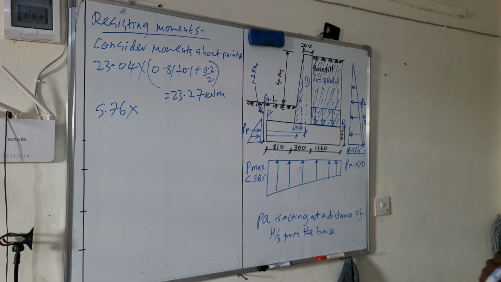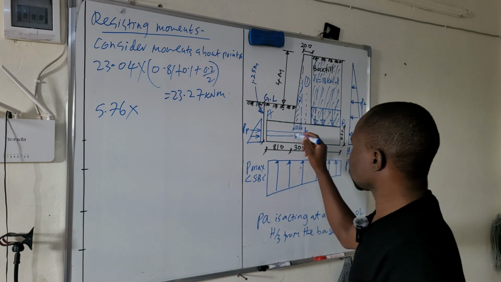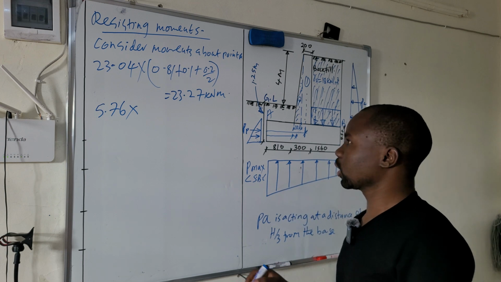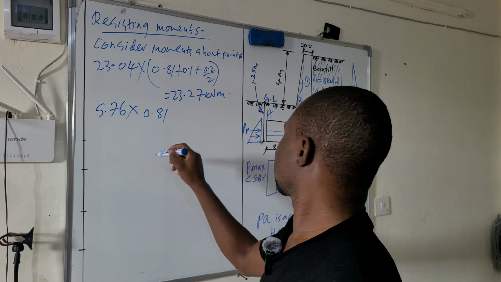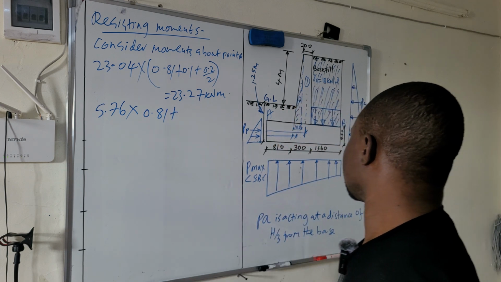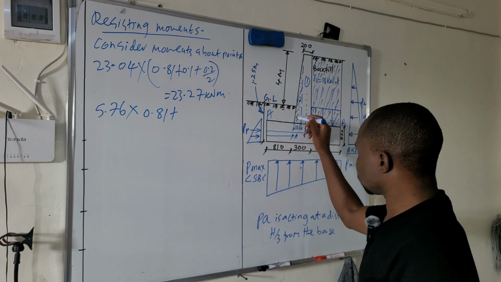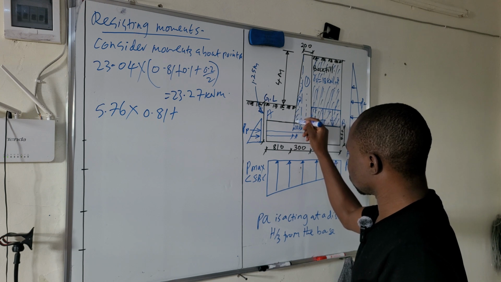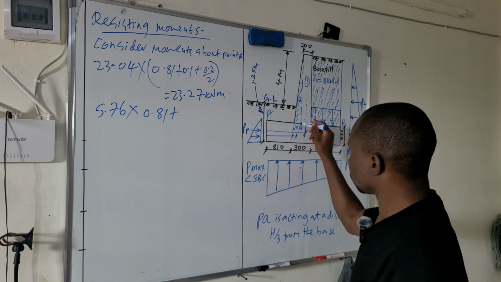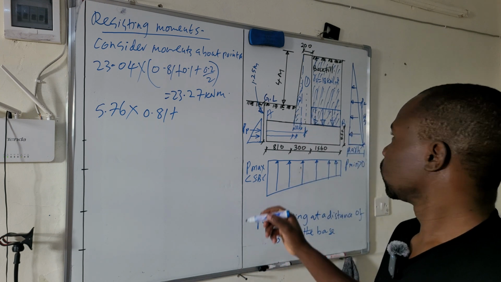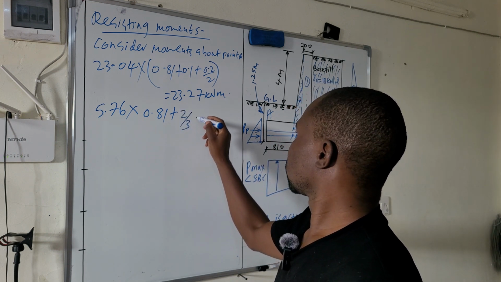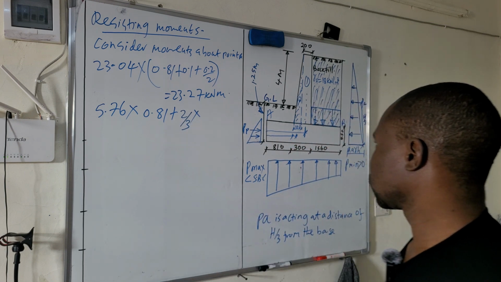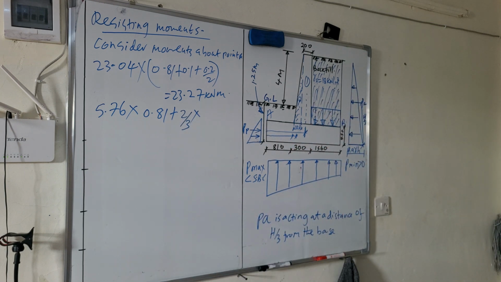So you will take 0.81 plus, we have this triangle. So the centroid will be 2/3 times 0.1.